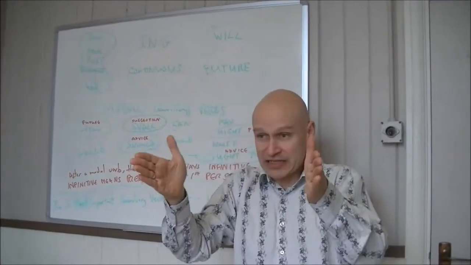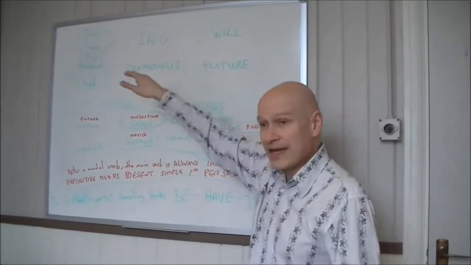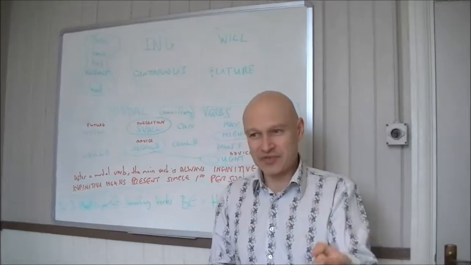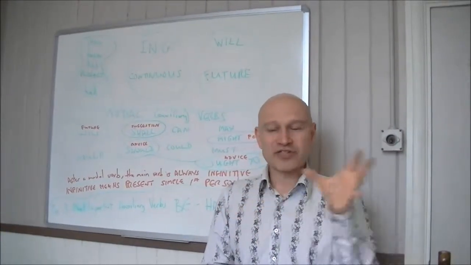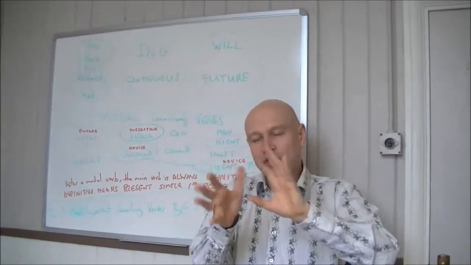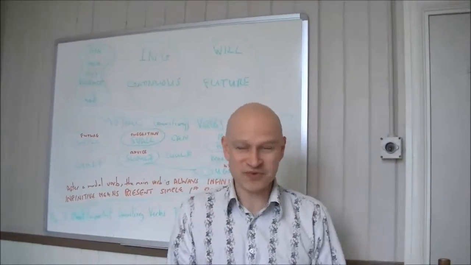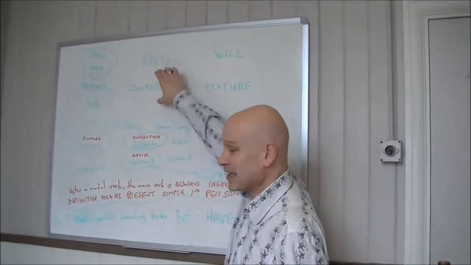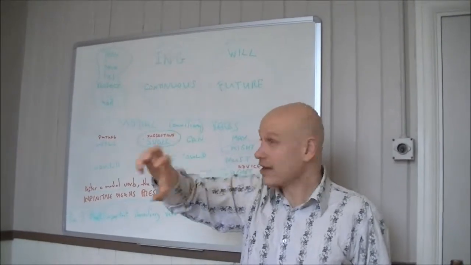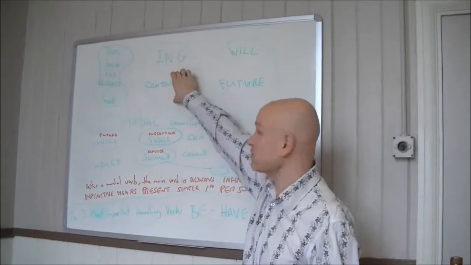If you see a sentence and it has an ing, it is normally always a continuous. Of course, the exception is I like smoking, and then smoking is like a gerund. So, of course, there are exceptions to all of the rules. But in general, if you see ing as a verb, it's always continuous.